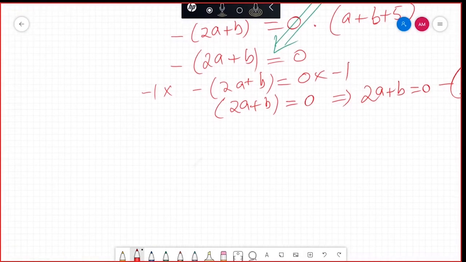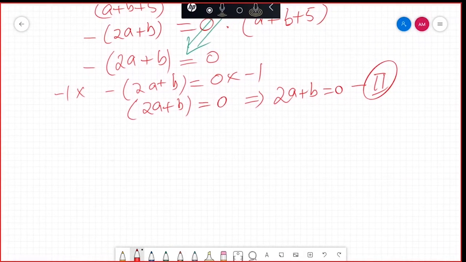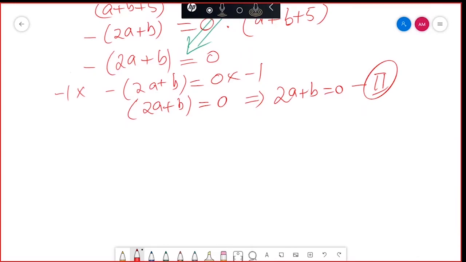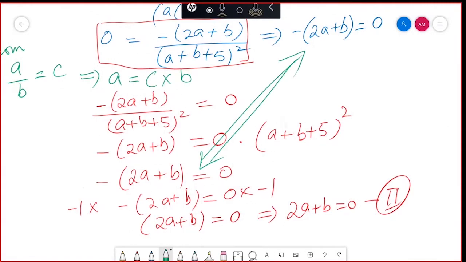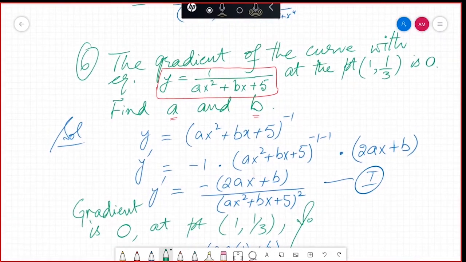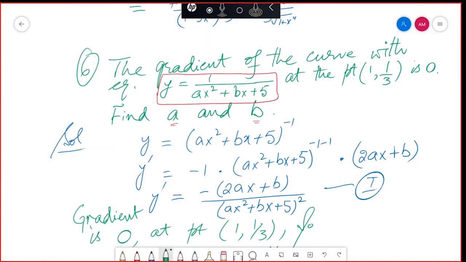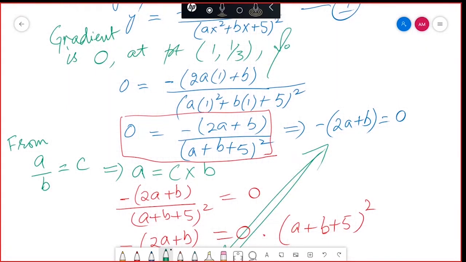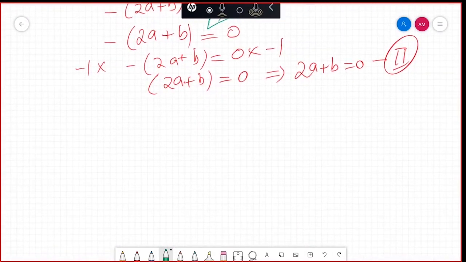So far so good. And let's find the other equation, number 3. Let me go back to the question. We would put these values in the original equation to have the other equation, a linear equation.